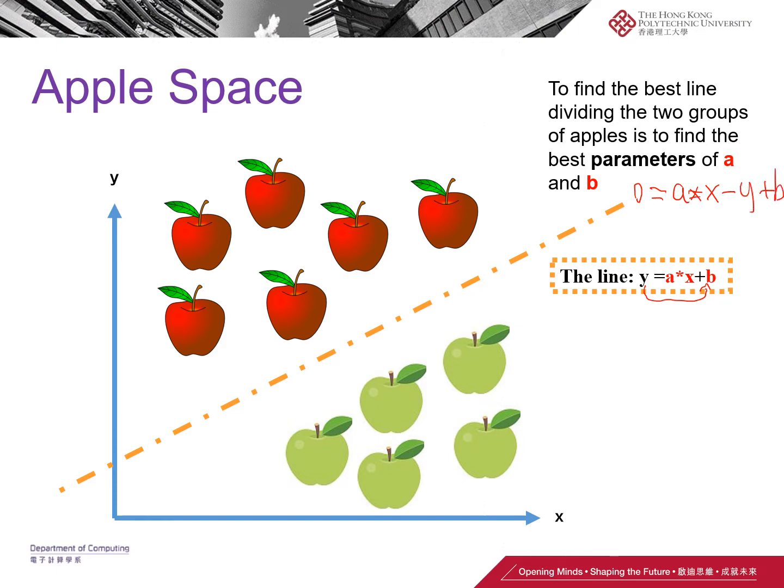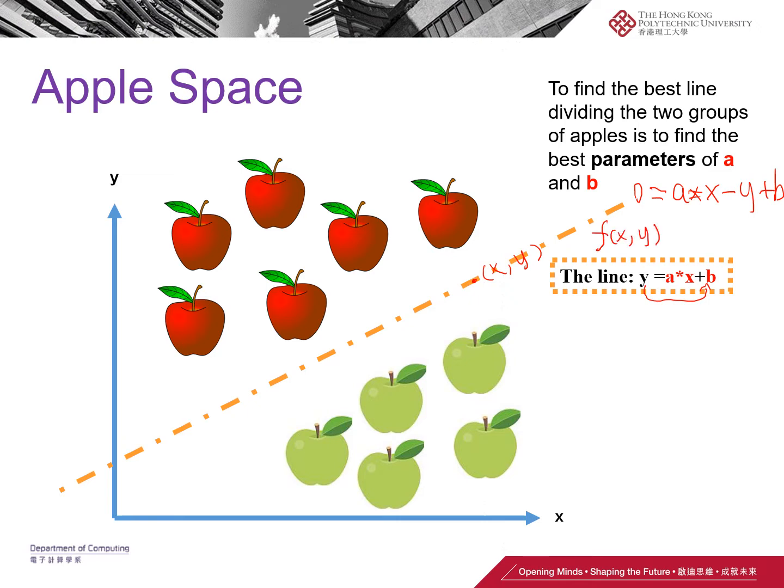So this is a line. For any given x and y on that line, you're going to have this result, a 0 result as the output. So why don't we just make it something like a function?